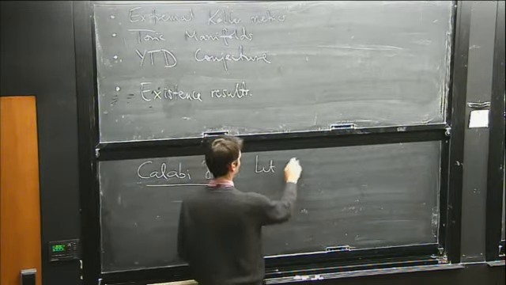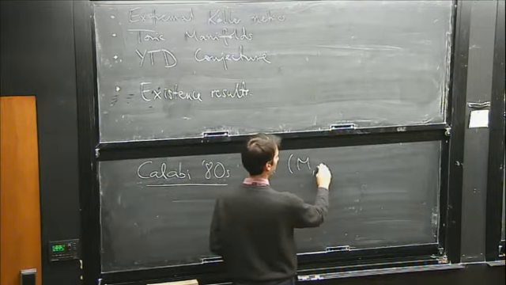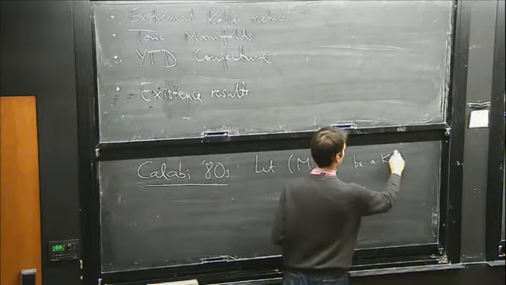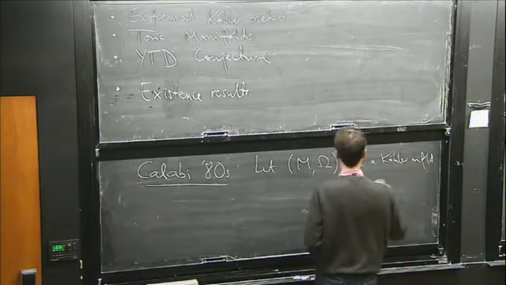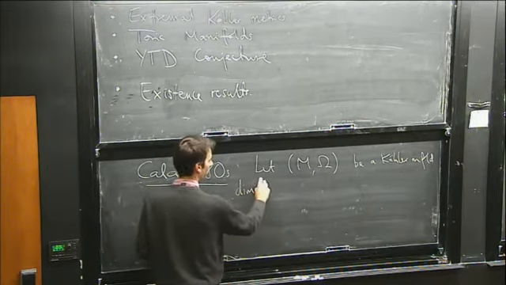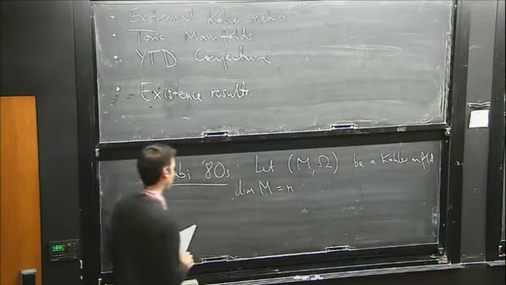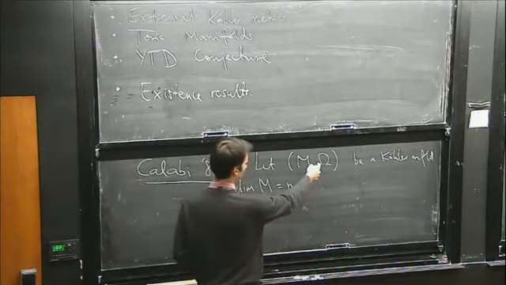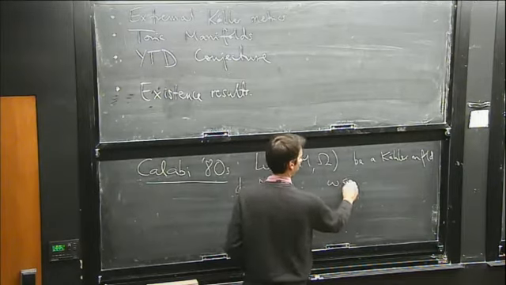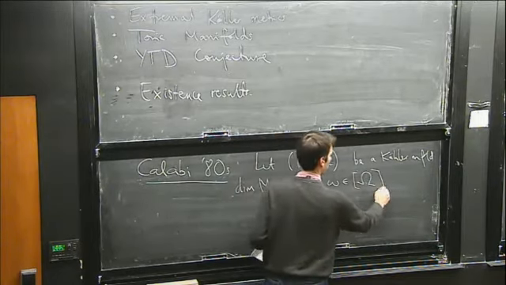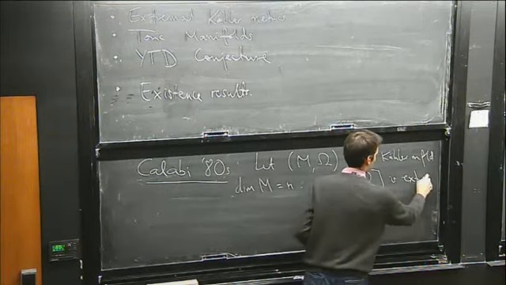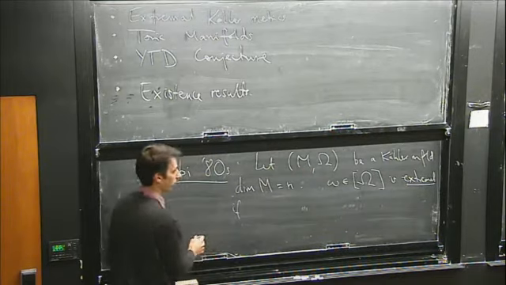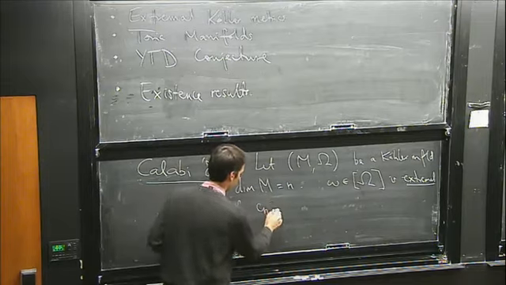So if we pick a Kähler manifold (M, ω), and let's say the dimension is n throughout this talk, then Calabi introduced this notion of extremal metric, which was a metric in the same Kähler class as ω, if it is a critical point of the so-called Calabi functional.